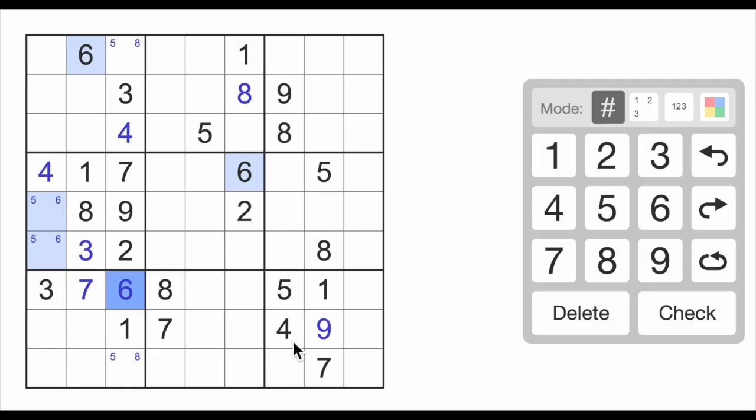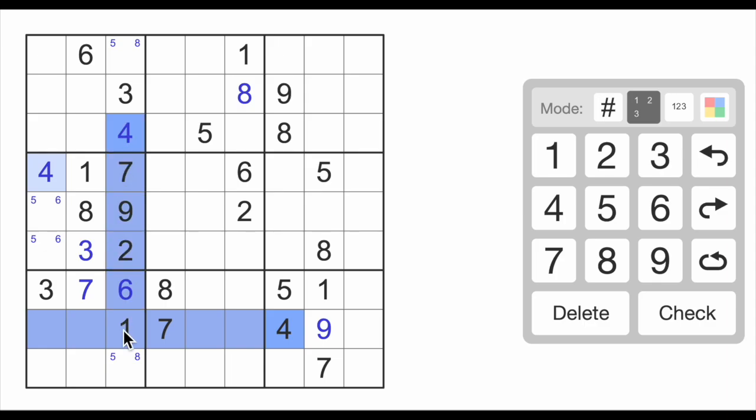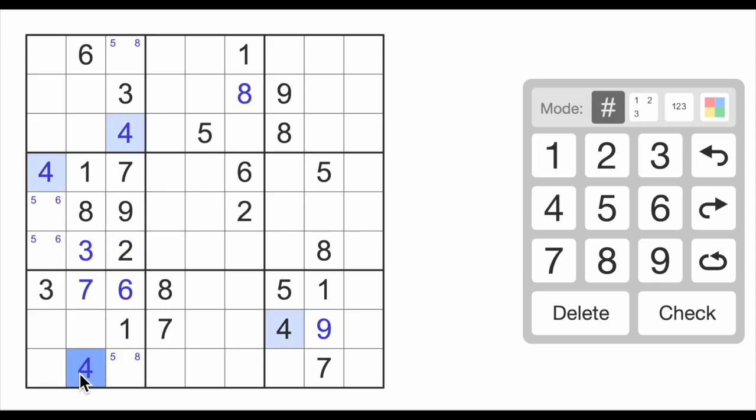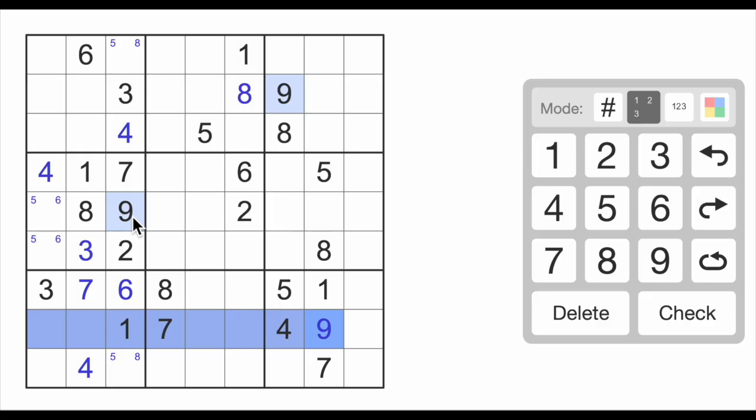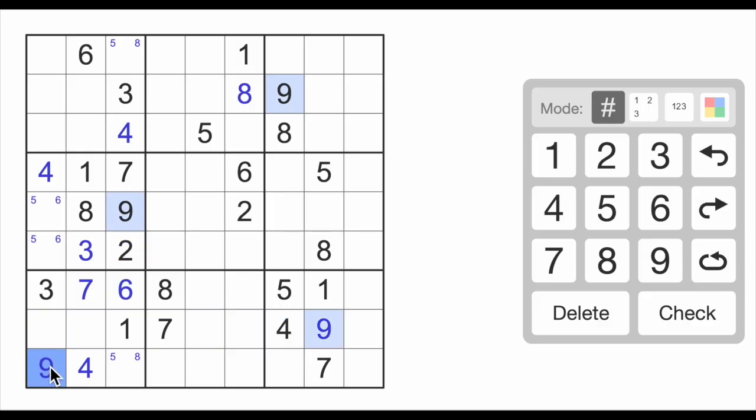And I can place 4 in box 7 now. 4, 4, 4 gives me 4 here. And I can place 9 in box 7 now. 9 and 9 block like this, gives me 9 here.